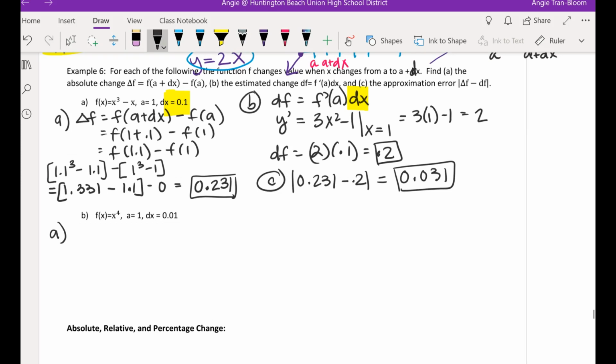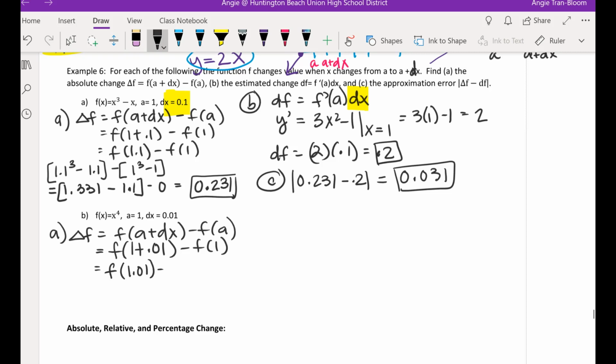So again, same thing. We want to find the actual change first, which is y of 2 minus y of 1, or y of x2 minus y of x1. Okay, for this one, f of a is 1 plus 0.01 minus f of 1. Let's plug it in. Well, let's simplify that. f of 1.01 minus f of 1.